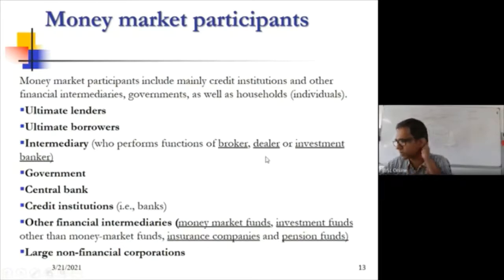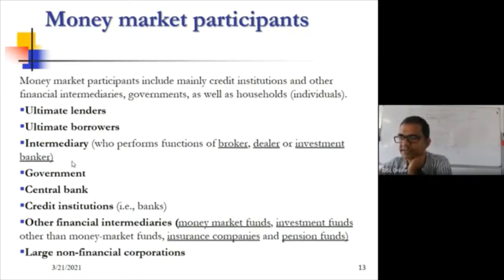In the dealer category also, there are different types of dealers. One type of dealer just does a transaction on behalf of a customer, not for their own books. Investment bankers' role is to launch or issue commercial papers, things like that.